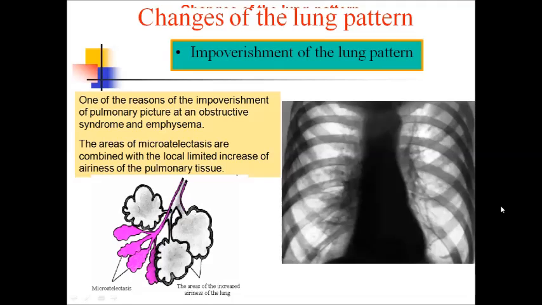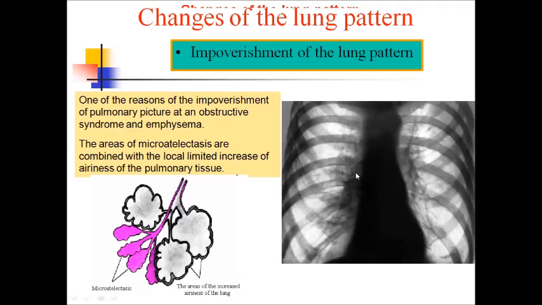Impoverishment of lung pattern: one of the reasons for this phenomenon is obstructive syndrome and emphysema, when areas of microatelectasis are combined with the local limited increase of transparency of the pulmonary tissue.